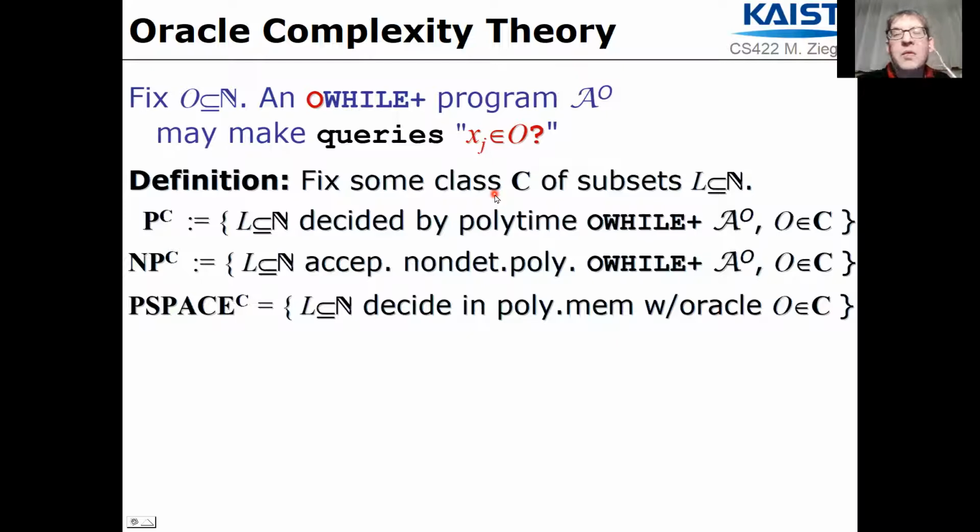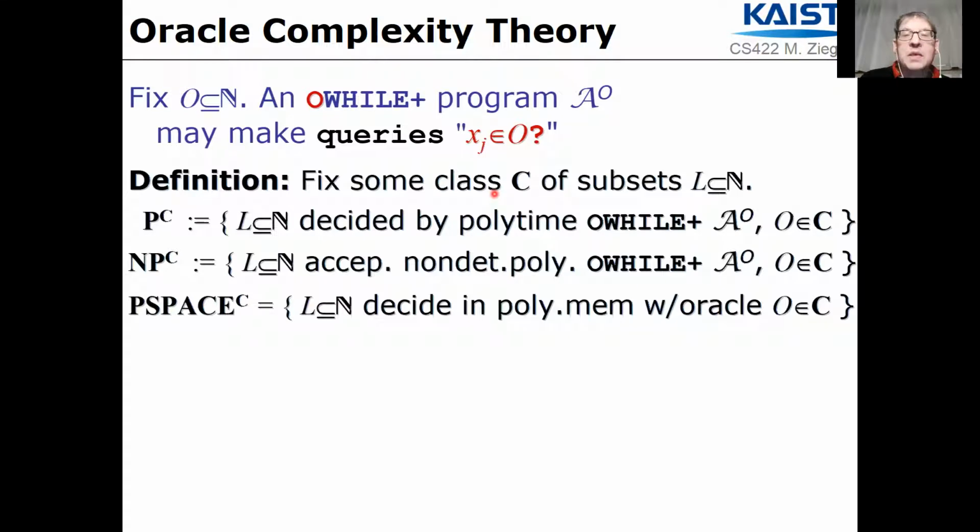We can replace any such oracle query by simply the instruction no, because any oracle query to the empty oracle will always return no anyway. So we can convert any oracle while plus program that makes oracle queries to the empty set by simply the instruction no. This means that these definitions really extend our previous definitions.